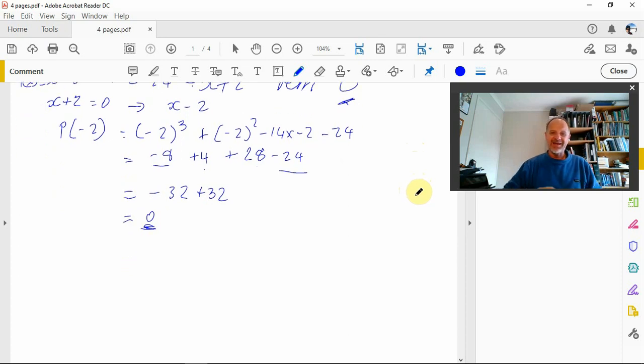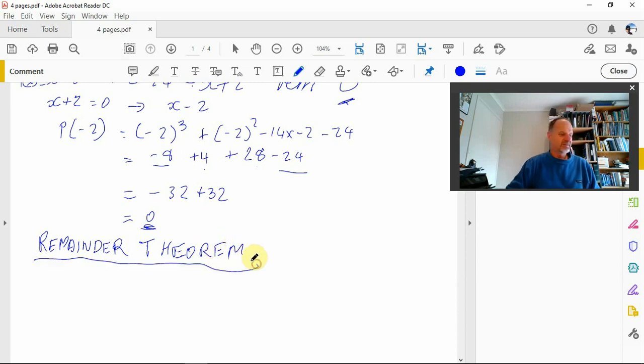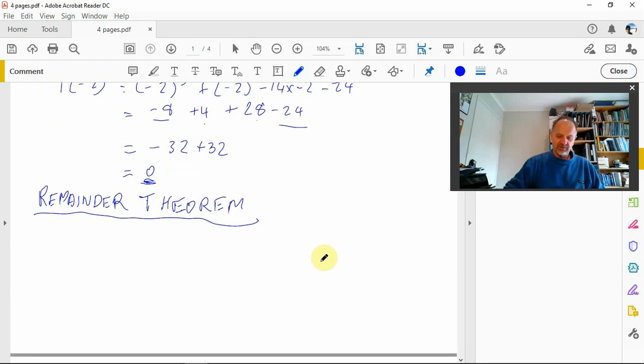And so that pattern is what's called the remainder theorem. All right, the remainder theorem. And so this is a mathematical way of writing it.